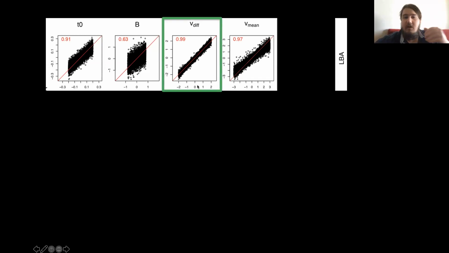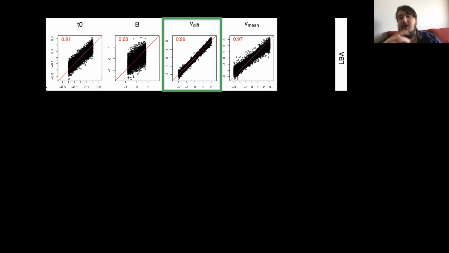What you see is that I call this V-diff because you have different drift rates for the two accumulators in what I call accumulator models. I call V mean the overall drift rate, the average drift rate between the two accumulators, and V diff the difference between the accumulators.